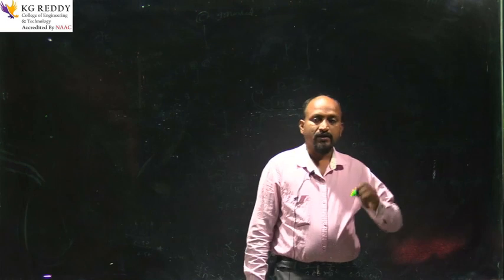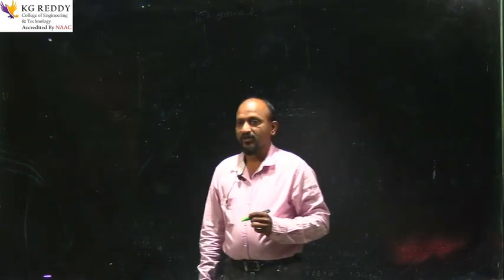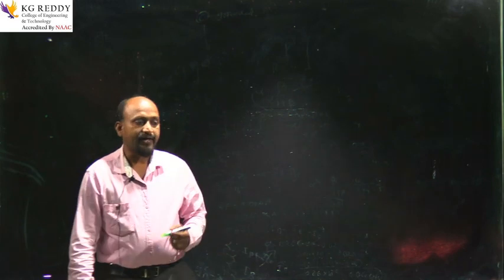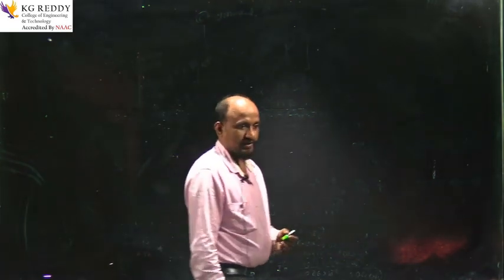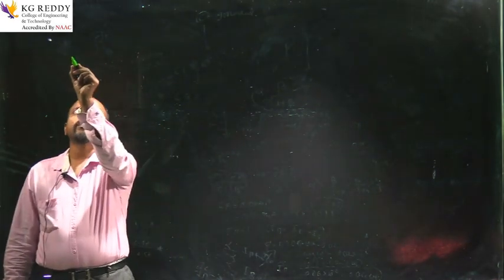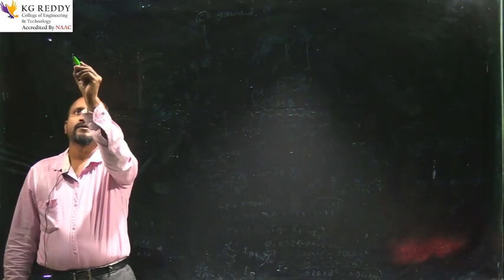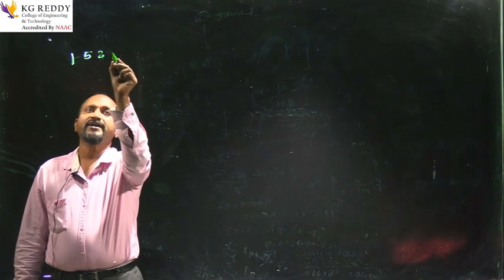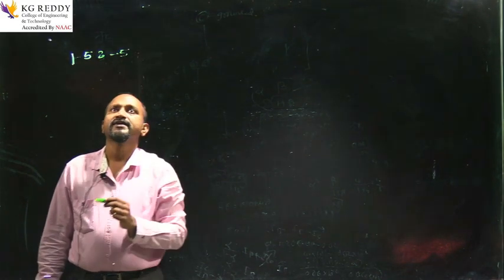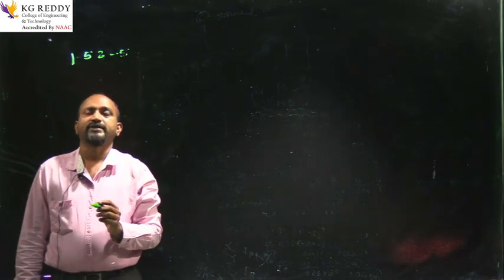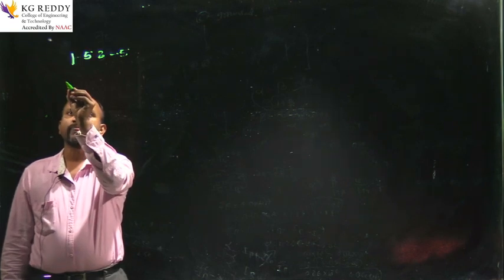We discussed how to represent plus 5 and minus 5 using one's complement and two's complement. So let us start with sign magnitude.